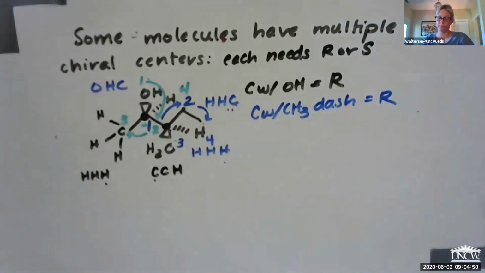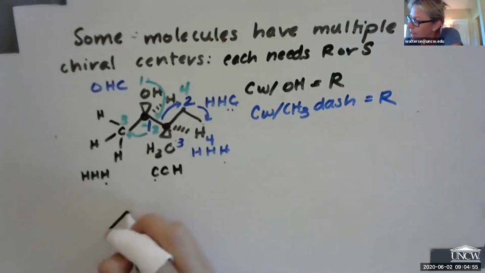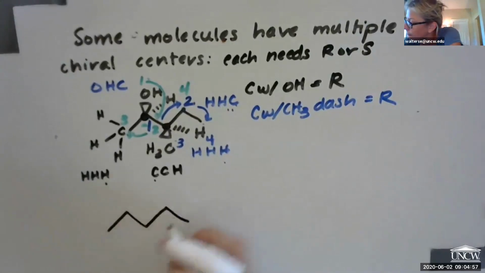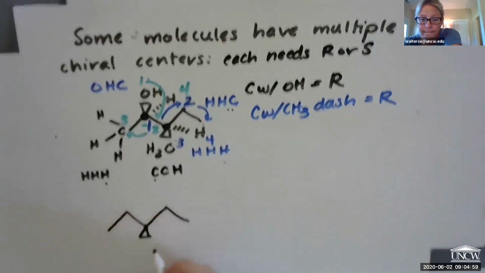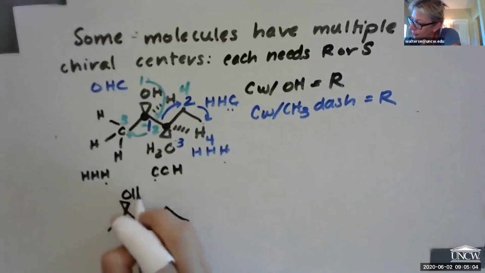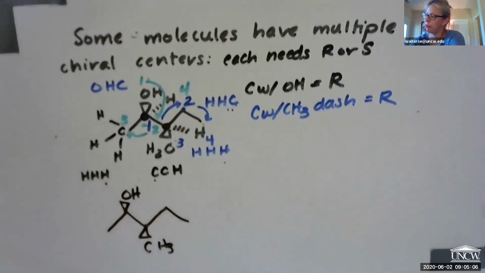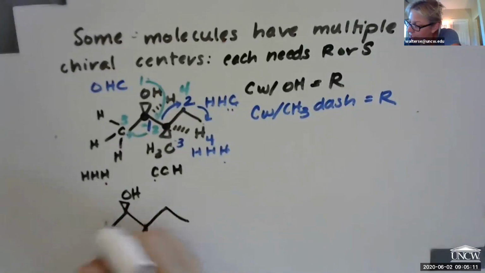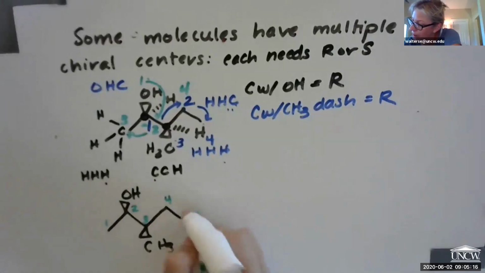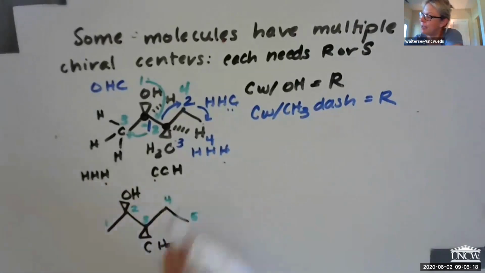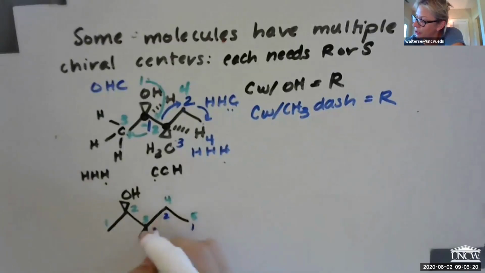Okay. Now I'm going to redraw it so it's a little bit cleaner so we can work on the name. We would number in both directions. This numbering is for the naming purposes. 1, 2, 3, 4, 5, or you would have to come back, 1, 2, 3, 4, 5.